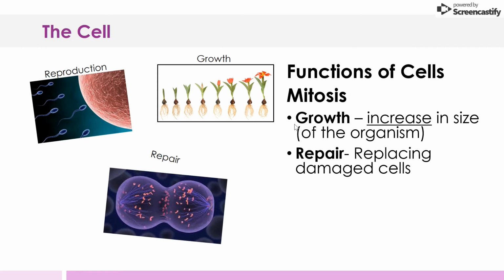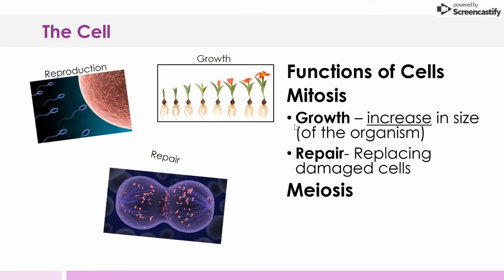No. Your body's going to heal and repair those damaged cells, because when you fell, you damaged your skin cells, right? So your body's going to go into repair mode, and mitosis is going to happen to replace those cells that you damaged. And then in a week or two or a couple weeks, your knee or arm or whatever you scraped should be back to normal.